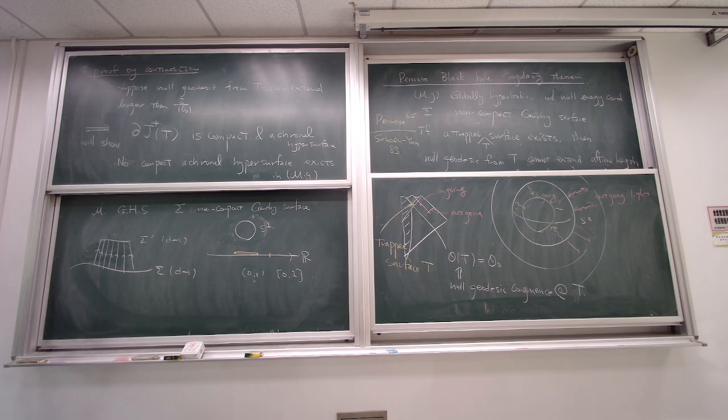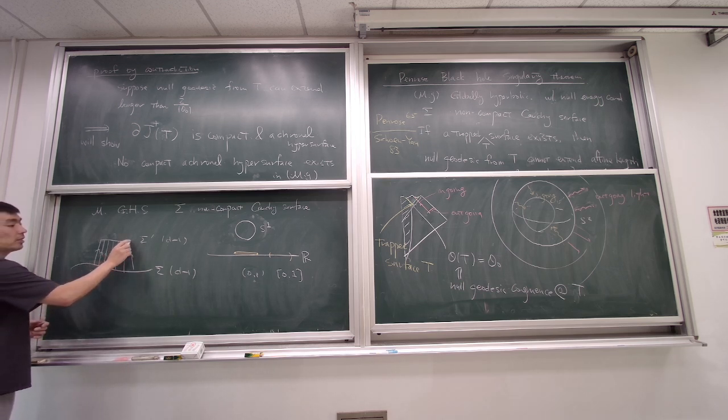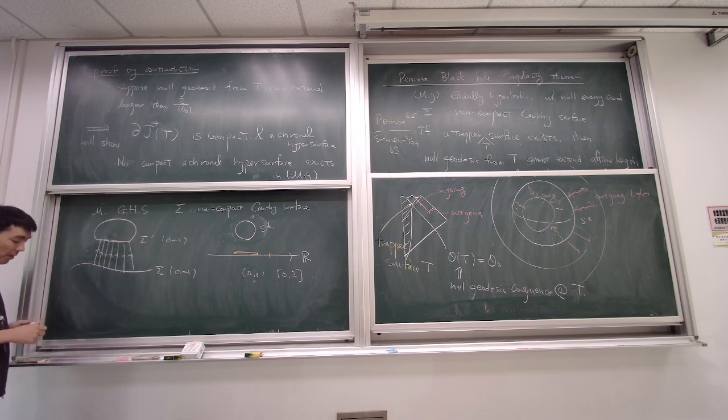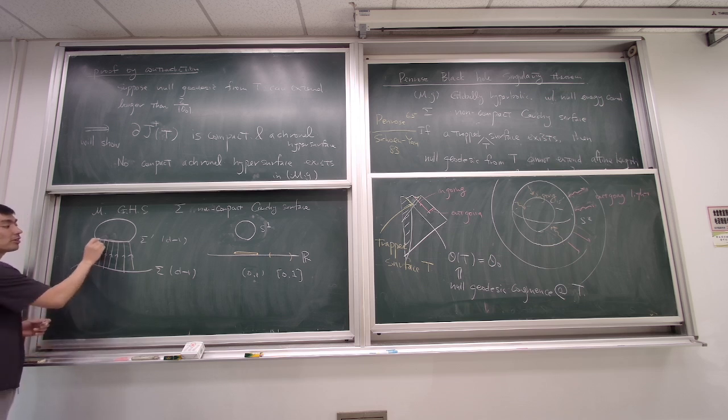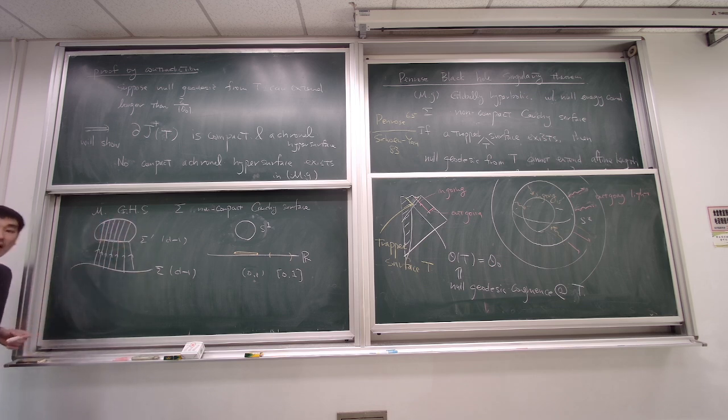For instance, you can have a compact hypersurface like this, but that's not achronal, right? You can have a timelike curve that connects between these two points, so that's not achronal.